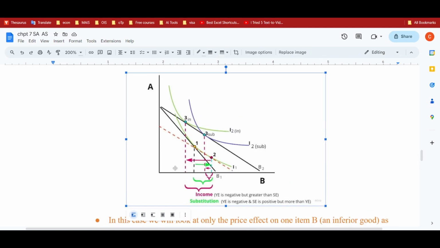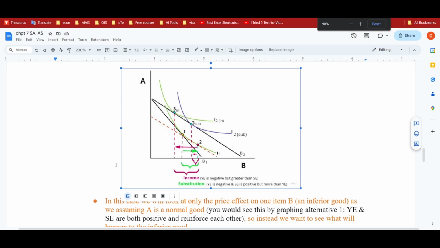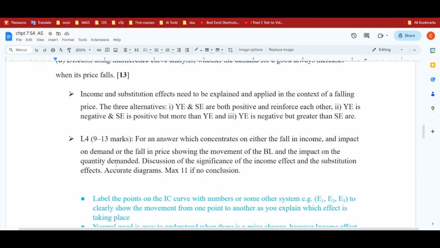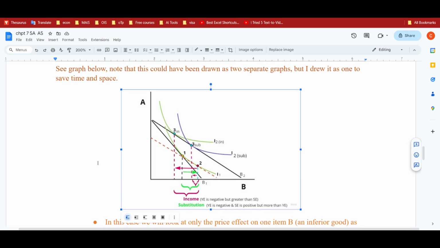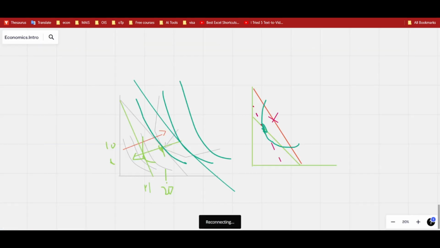I didn't write out a complete answer, but I gave the main pointers that you need to write a proper answer, and I drew the graph. So again, you can draw it into two graphs if it's hard to understand, or if you can understand it, hopefully after this class, you should be able to draw it into two graphs.